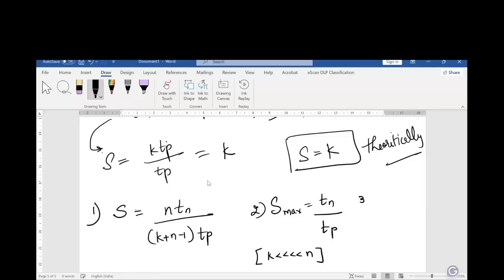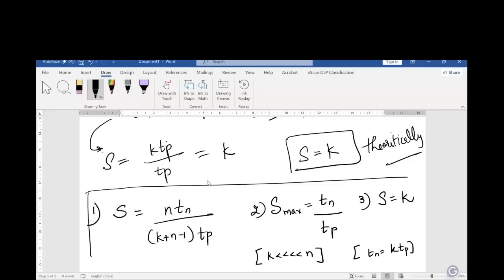And third, we saw the theoretical speed up ratio, where we considered Tn, the time required in the non-pipeline architecture, to be the same as k Tp. In this case the value of S is equal to k. So these are the three important formulas which you need to learn when studying pipeline architecture.